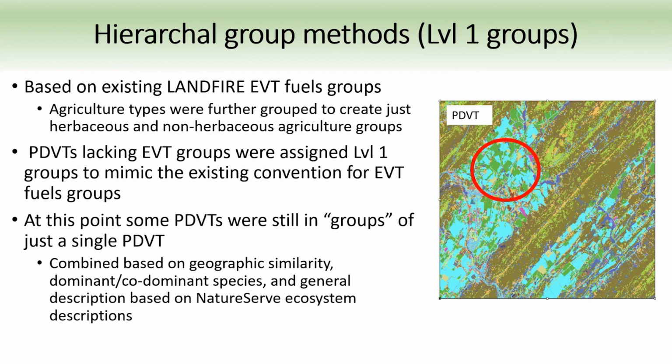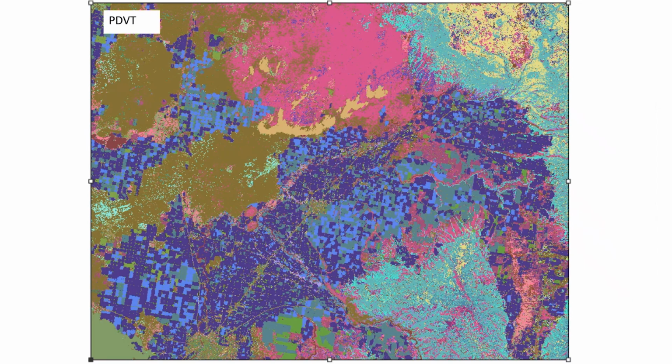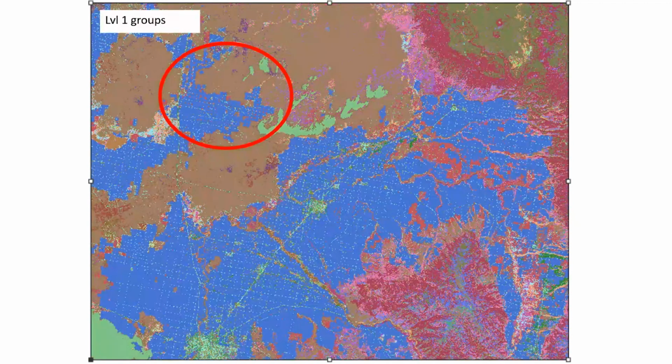Here you can see an area in central Appalachia with a lot of agriculture types, and a lot of those get subsumed together, as expected. And this is the eastern corner of the Snake River Plain in Idaho. Again, we have a bunch of agriculture types, but also a couple of different big sagebrush types that get grouped together.